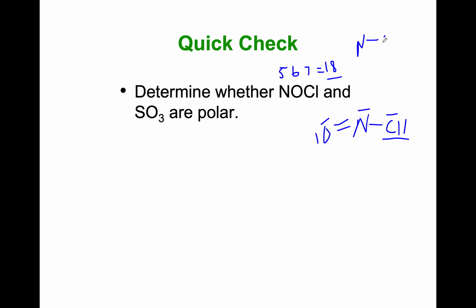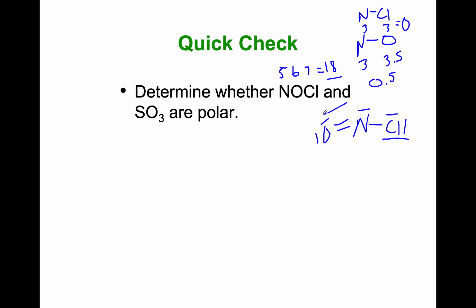So nitrogen, oxygen, electronegativity of 3, of 3.5. So this has a difference of 0.5. If we do chlorine now, 3, and chlorine's also 3. So we have a nonpolar bond over here, but we have a polar bond.